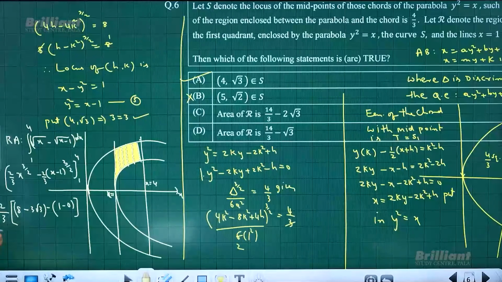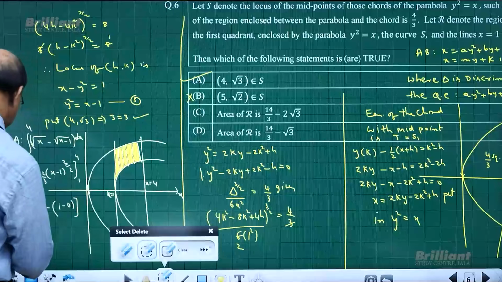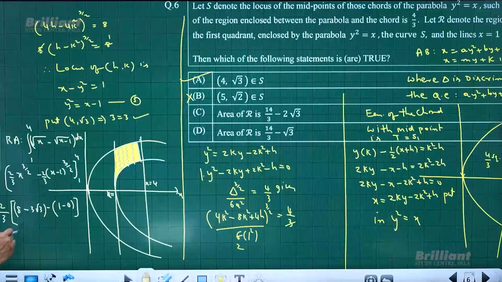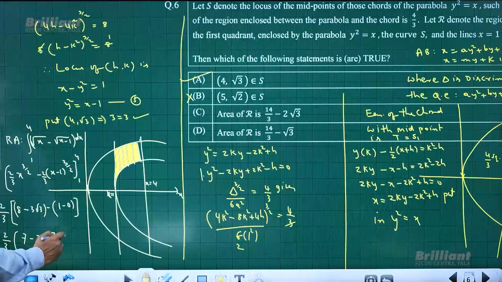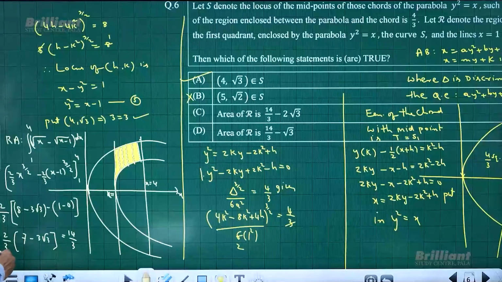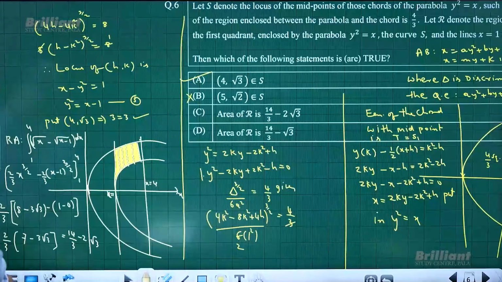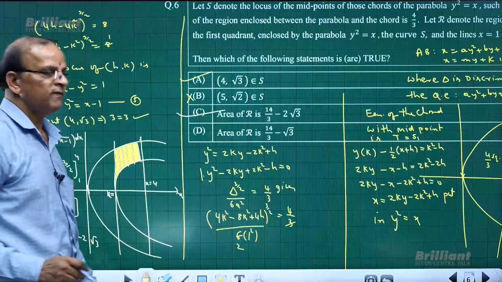So, this is 16 by 3 minus 2, right? First we can simplify the inside portion: 2 by 3, 8 minus 1 is 7, minus 3 root 3. So, this is 14 by 3 minus 2 root 3. Yes, this is the answer. Yes, C is correct.